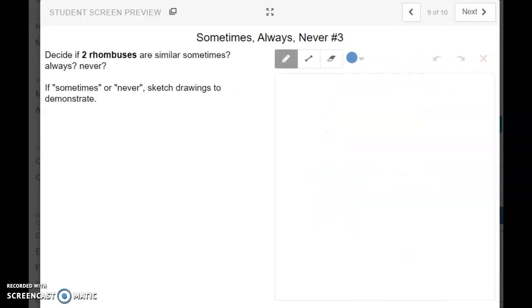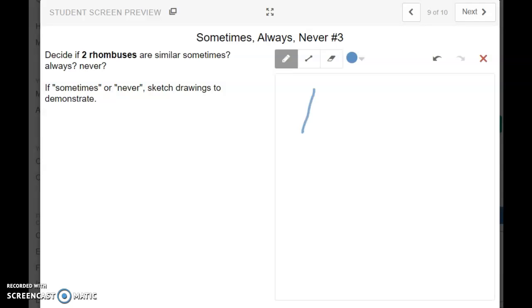All right, decide if two rhombuses are similar: sometimes, always, or never. If sometimes or never, sketch diagrams to demonstrate. Let's see if you can draw two rhombuses that are not similar.